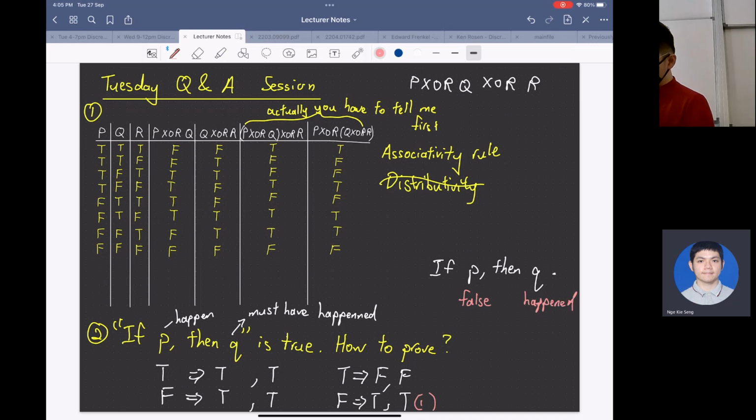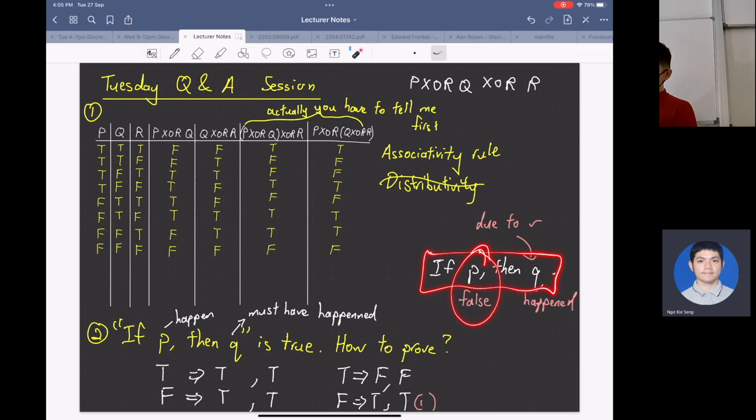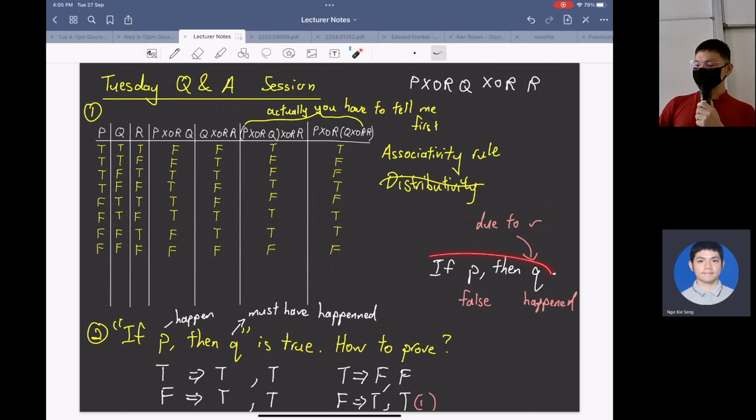Because Q might happen due to other things, maybe due to R, not necessarily due to P. So this statement still holds. Make sense or not? Even though P doesn't happen but Q happens, it may be due to other things. So this statement itself is still valid.